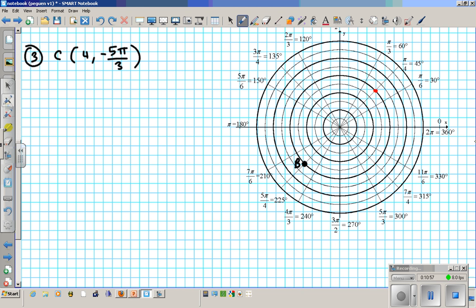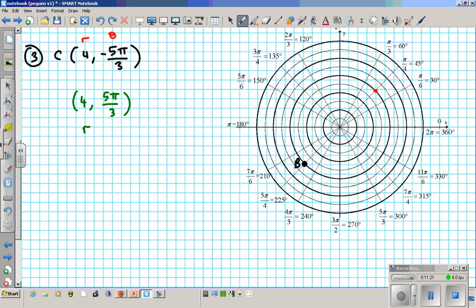Now remember, this is the radius and that's the angle. I would like to start by first graphing the positive one, and then I'll apply the reflection using the reflection rules. So the positive one I'll graph first is (4, 5π/3). Let's forget about reflecting for now, okay?